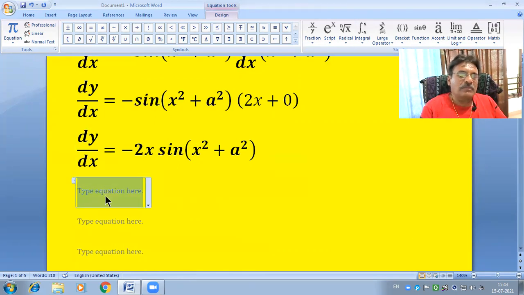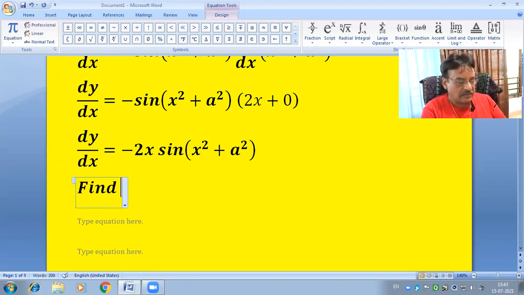Next, problem number 2. On the same page, page number 12, we solve problem number 2. Again, in this problem we find dy by dx.